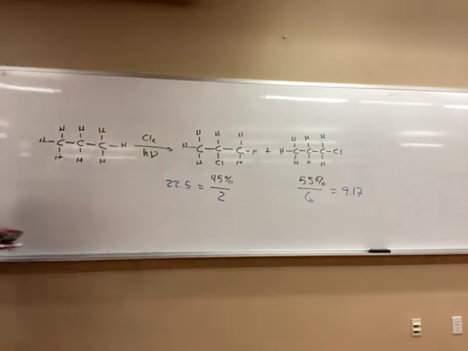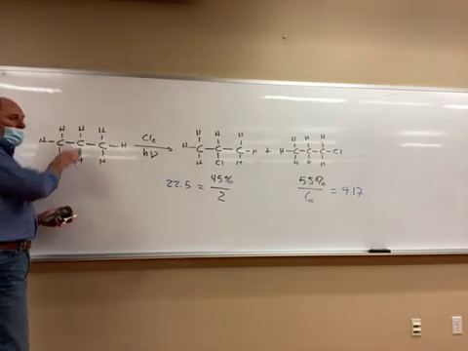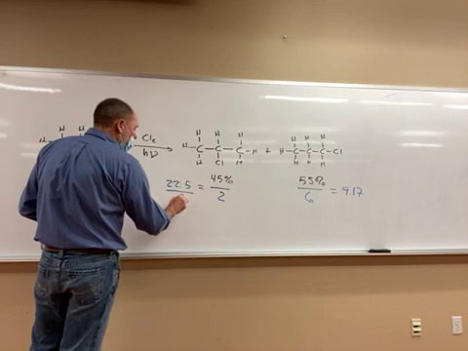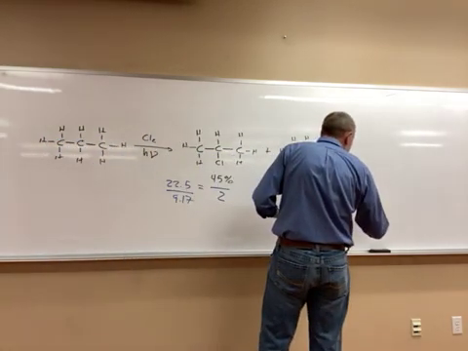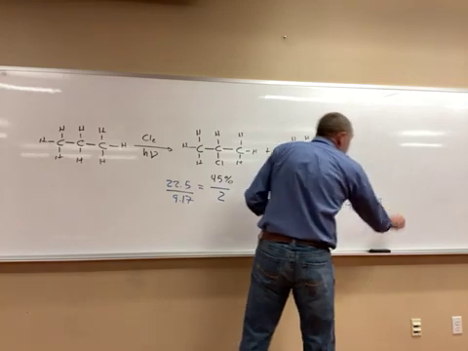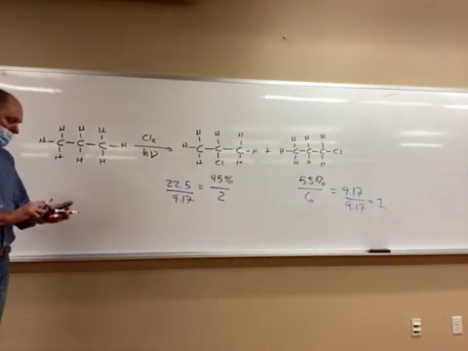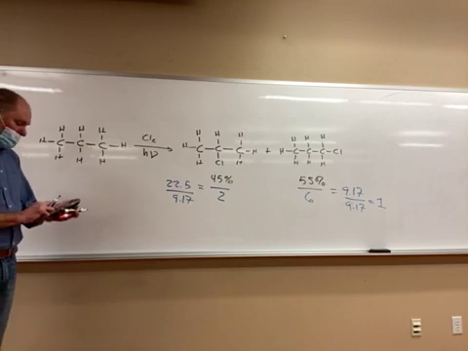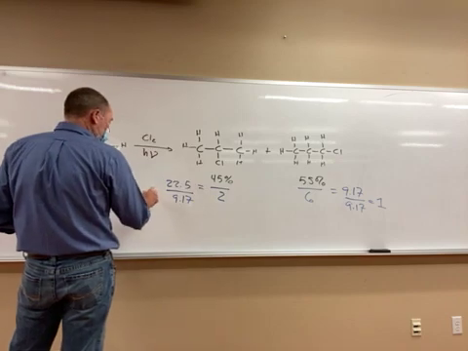So in order to find out the ratio of primary to secondary, I need to divide both of these by 9.17. Obviously I can do that math. That equals 1. 22.5 divided by 9.17 equals 2.5. Worked out right?